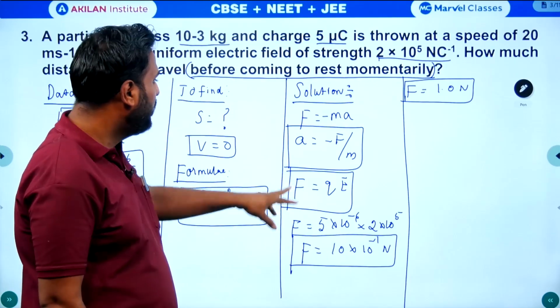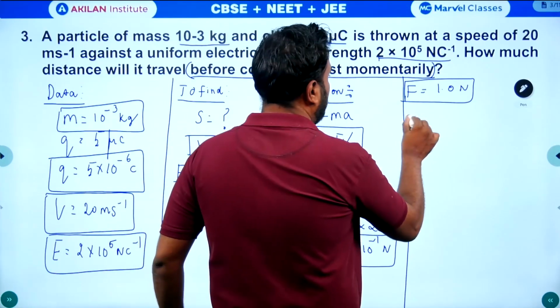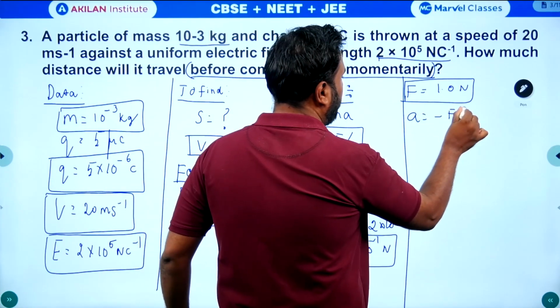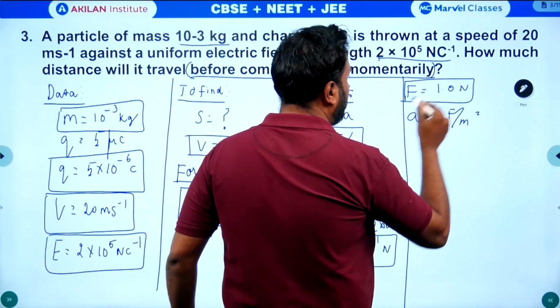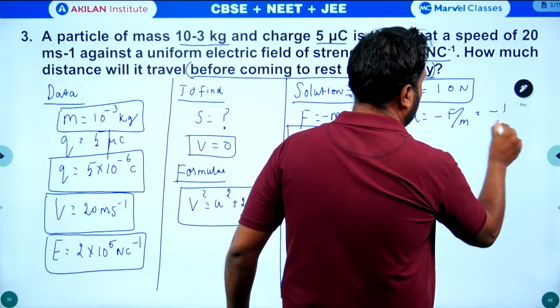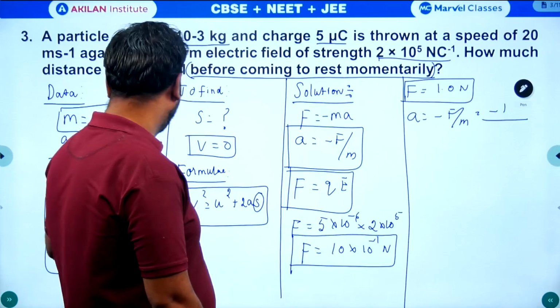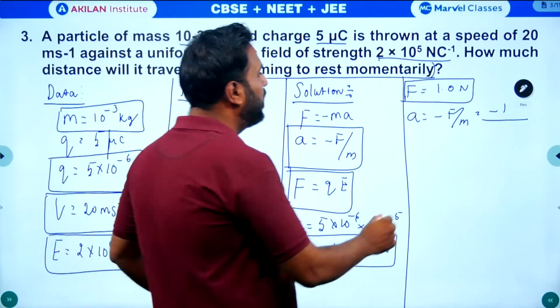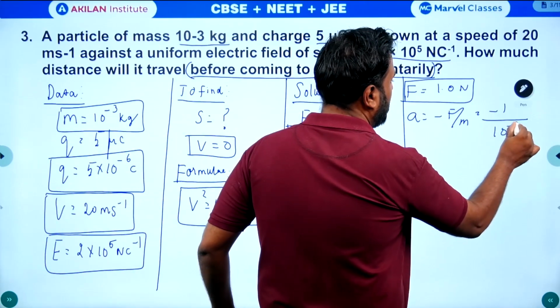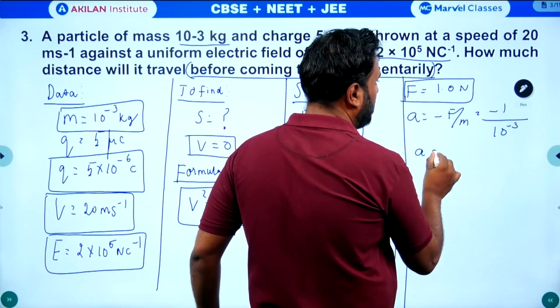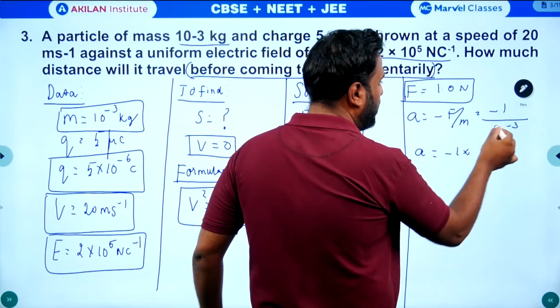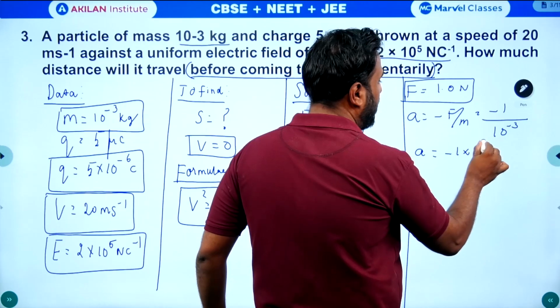Next we are going to substitute for the acceleration. A equal to minus of F by m. F is 1. What is the mass? 10 to the power of minus 3. So what answer do we get for acceleration? Minus 1 into, it goes upward, it becomes 10 to the power of 3.